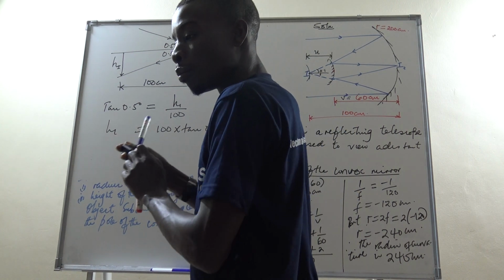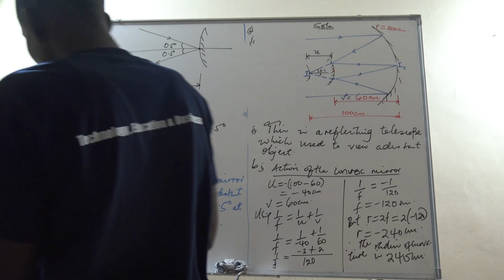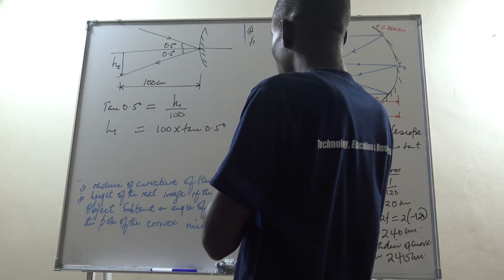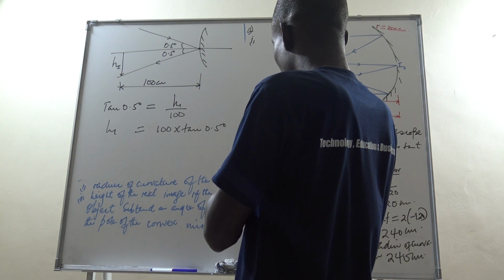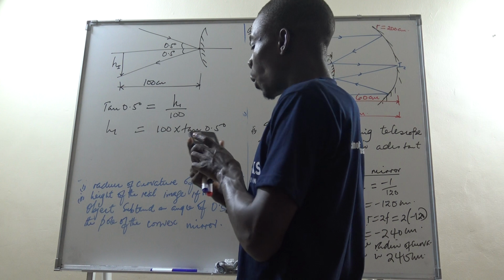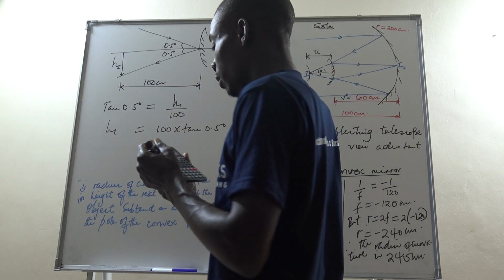You can pick your calculator and say 100 times tan of 0.5. That is 0.87.